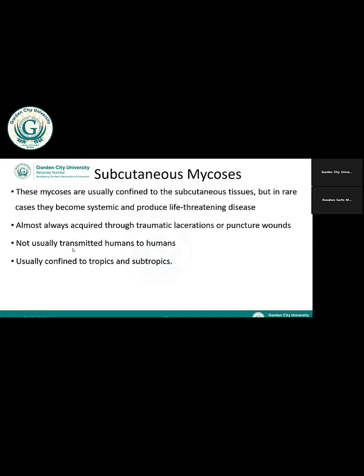And they are not usually transmitted from humans to humans. It has to usually do with cats or working directly in contaminated environments. And because of the weather conditions, these fungal infections are common in the tropics and the subtropical areas.